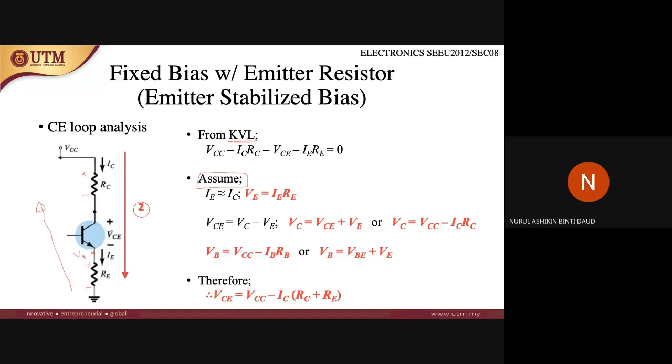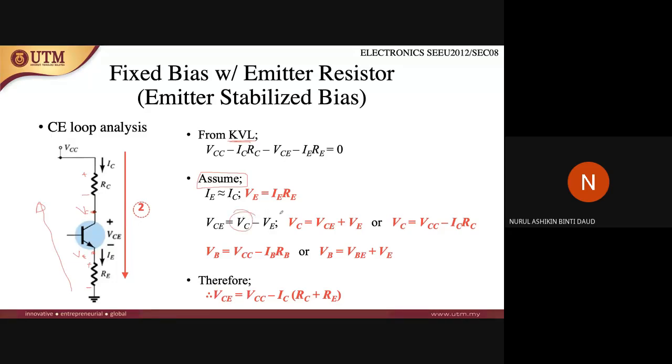For us to know the value of VCE, this is VC, this is VE. The potential here is usually higher than the potential here, so VCE is VC minus VE.